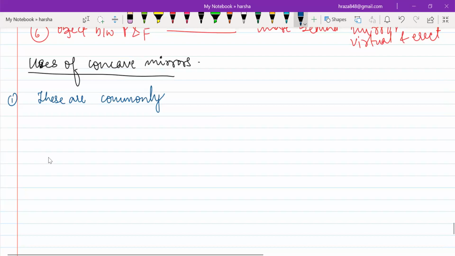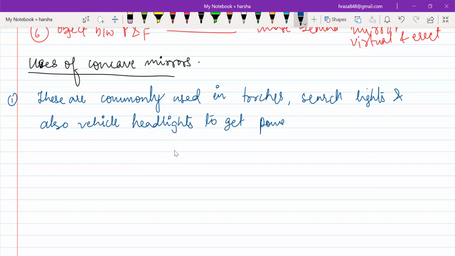Also used by dentists, so that teeth will have a larger image.